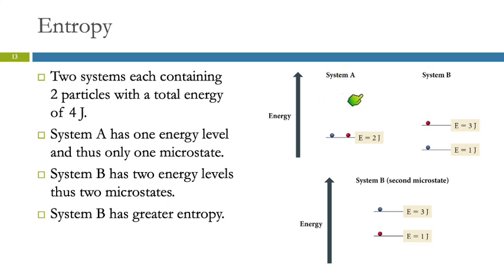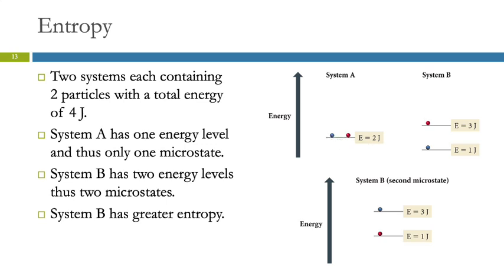So if we look at these from a distance, a macro perspective, they are the same in that they both have 2 particles and they both contain 4 joules of energy. For this state, the only possible arrangement is that each of the particles has 2 joules of energy.